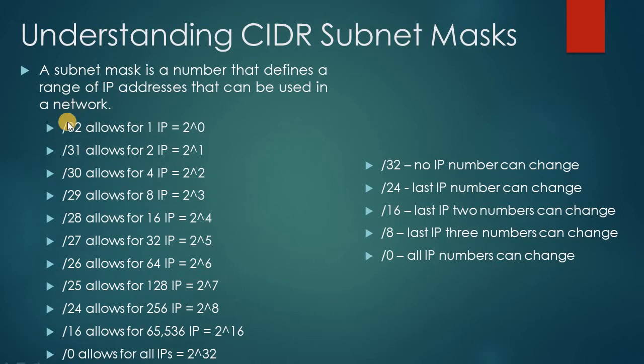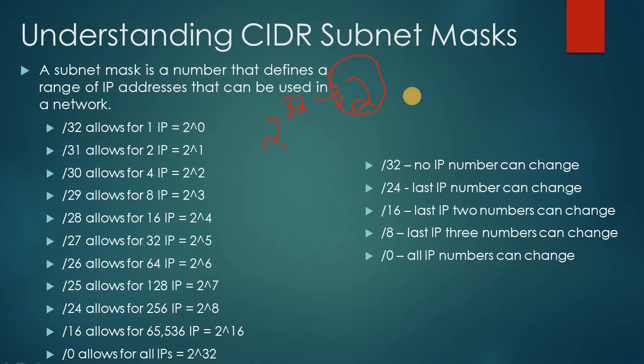Here is the calculation of how we can calculate with a subnet mask. If you have a subnet mask of 32, you will have only one IP, and I'm going to show you how. There is a formula we use: 2 to the power of 32 minus 32, and this 32 comes from the subnet mask.